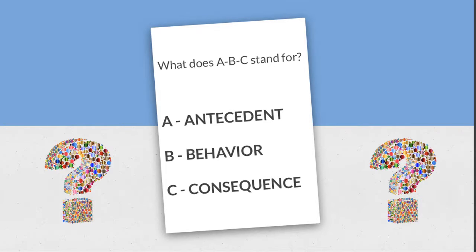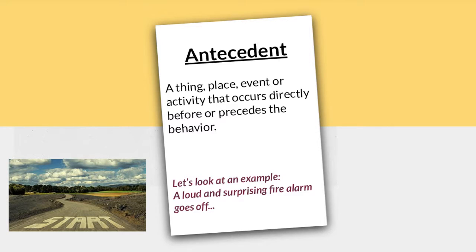I guess the first thing we should do is talk about what ABC stands for. A stands for antecedent, B, behavior, C, consequence. So the first part is the antecedent, which sounds like a big, scary word, but really it is just a simple, small idea.